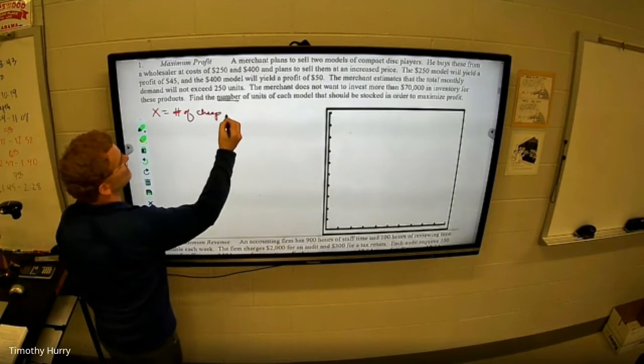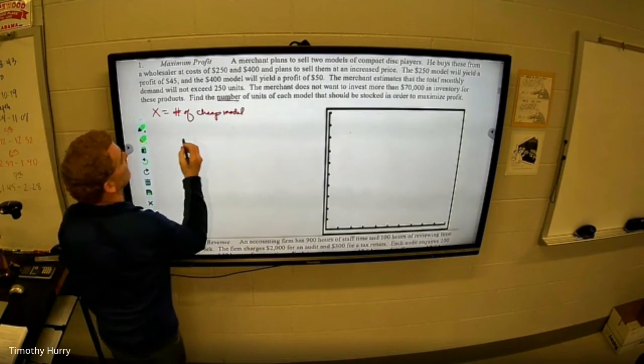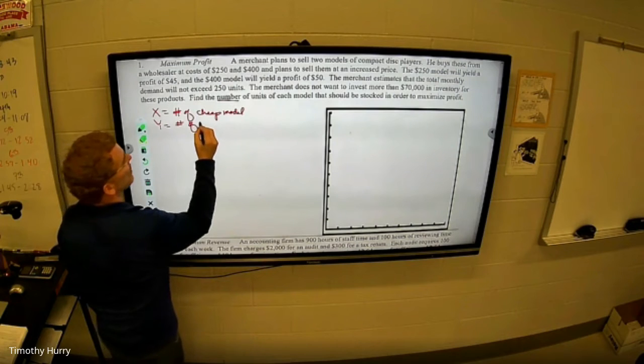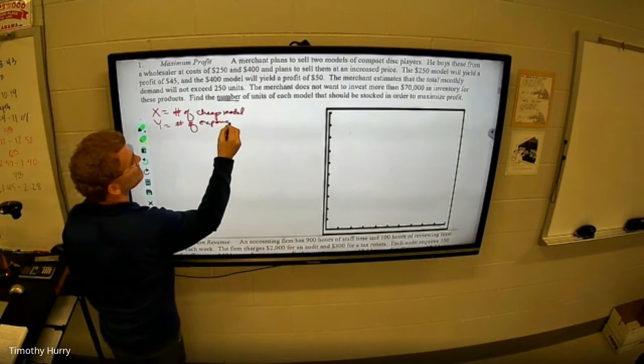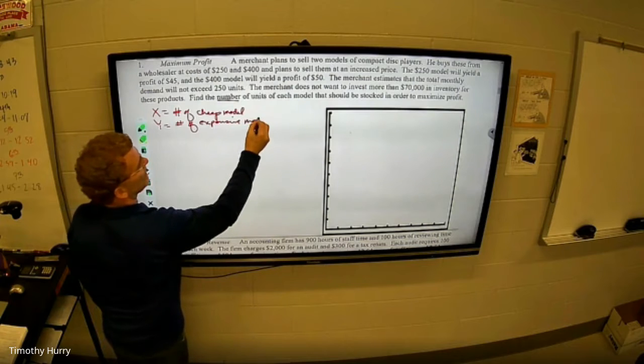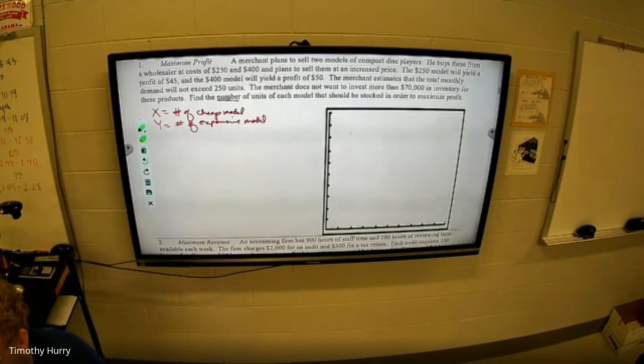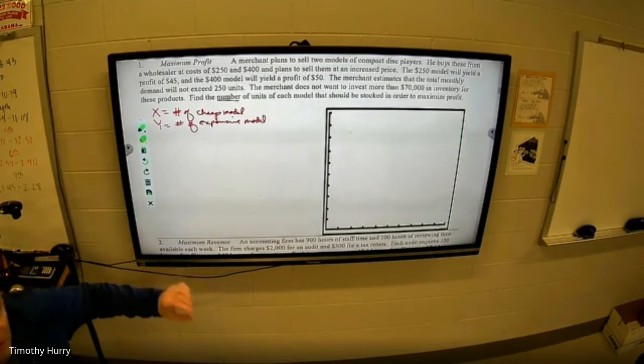Not that it's that cheap. And then Y would be the number of the more expensive model. So that was the first thing I asked you to do, was to find what the question was asking and to label those variables appropriately.